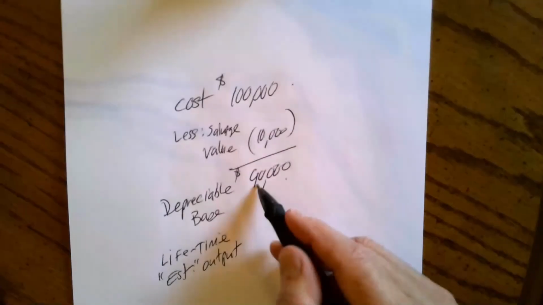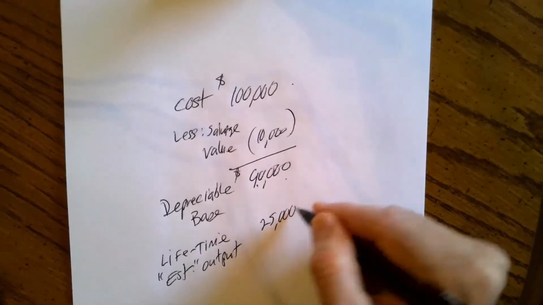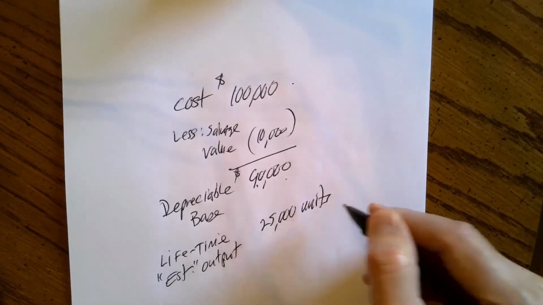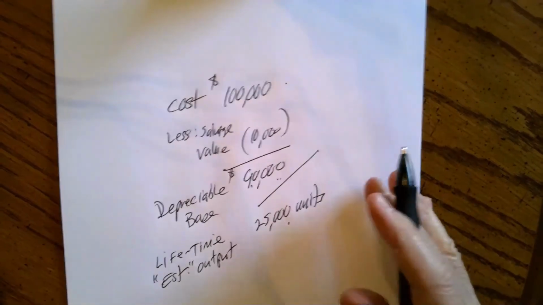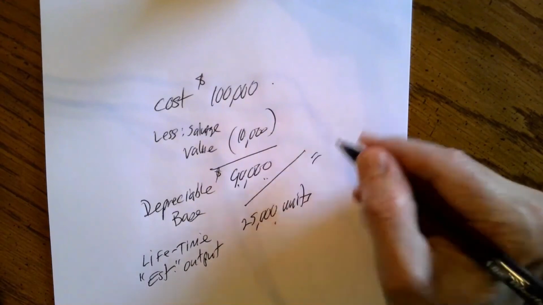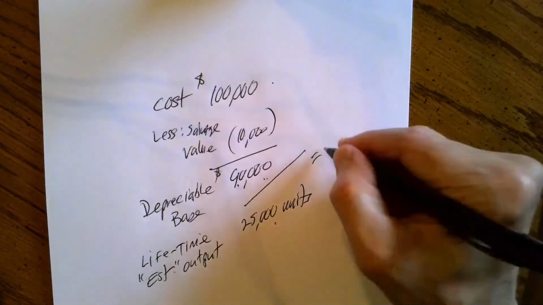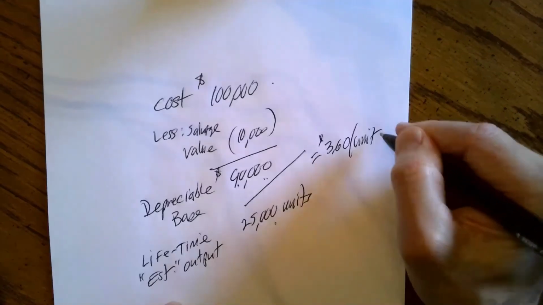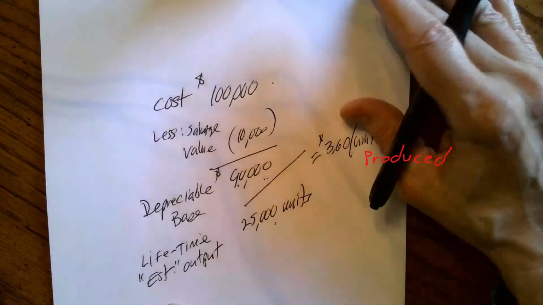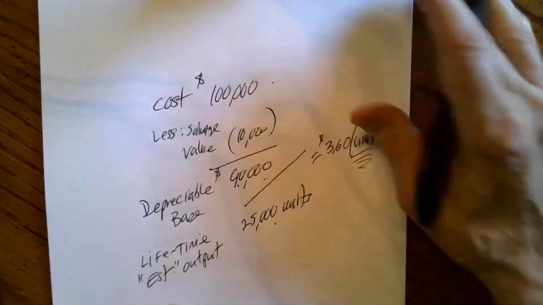And if over that lifetime the asset, let's say it was going to output 25,000 units, we divide that into our depreciable cost and get $3.60 per unit of depreciation, per unit of output.